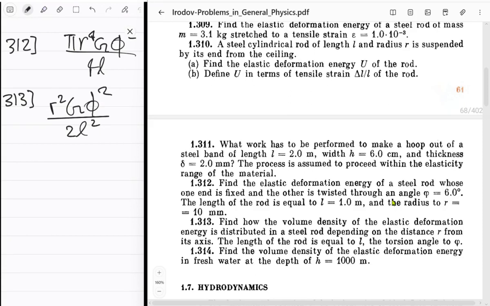And also it says that bigger R values means more energy. I guess there might be some truth to it, because the bigger R values will have more mass, first of all.